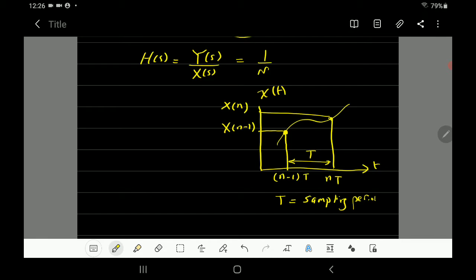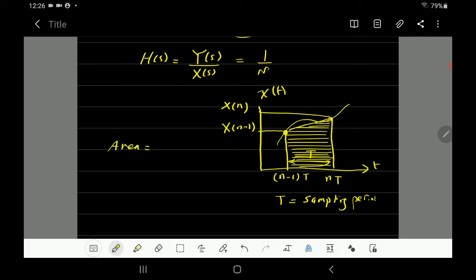So to have an approximation, you can connect the line here. The integration is equal to the area, so it will be equal to the area of the trapezoid in this region. What is the area of a trapezoid?